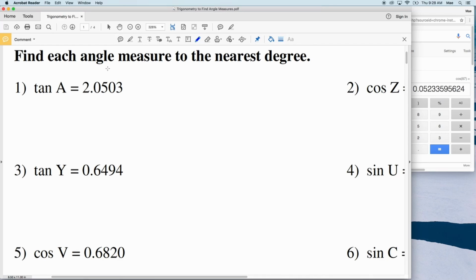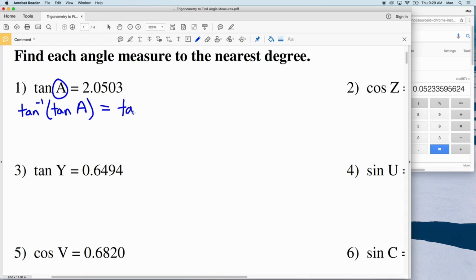For number 1, we have the tangent of angle A equal to 2.0503. Since we're finding the angle measure to the nearest degree, we have to isolate A, because that's the angle. To do that, we need to cancel out the tangent. If we take the inverse tangent, or arctangent, of the tangent of A, whatever we do to the left, we do to the right.